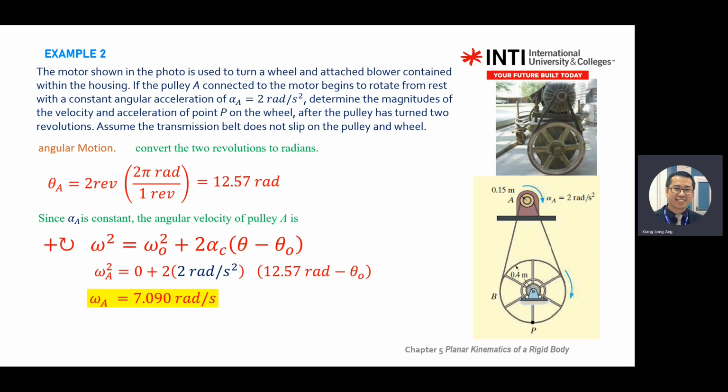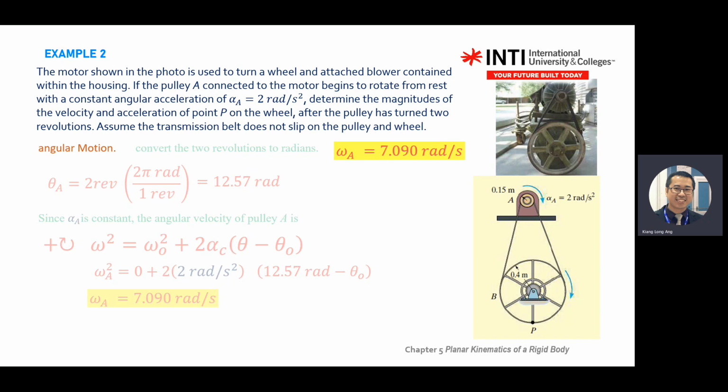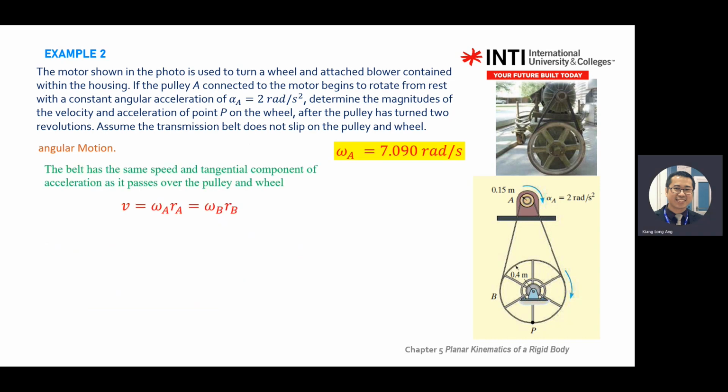Okay, chapter 5, after revolution, the question will always ask you to find omega, alpha, theta. Then there are 3 right hand rules to find the direction. So omega, then you need to communicate in velocity terms.